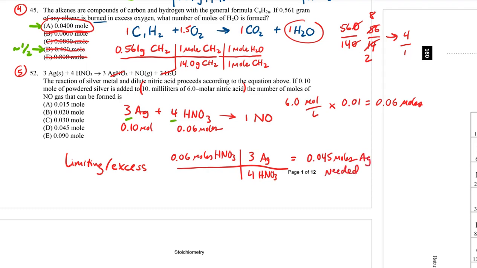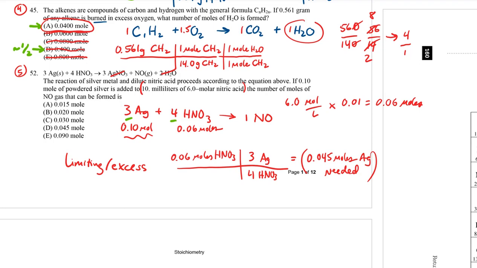And that proves for me that the nitric acid is the limiting reactant. Since I have more than that amount of silver available, quite a bit more, that means the silver will not run out and the nitric acid will.